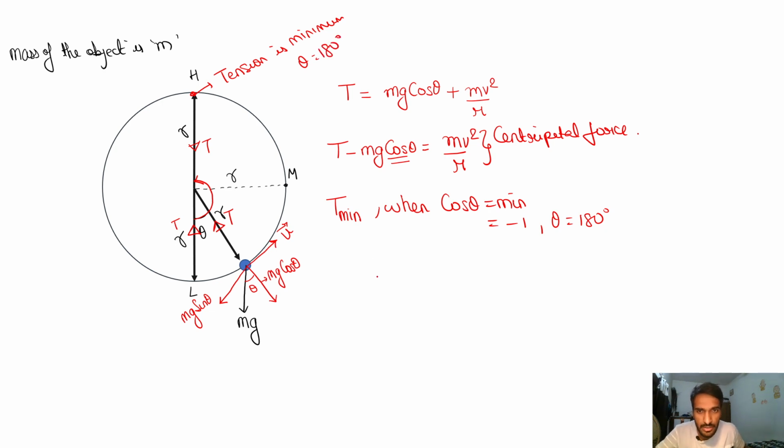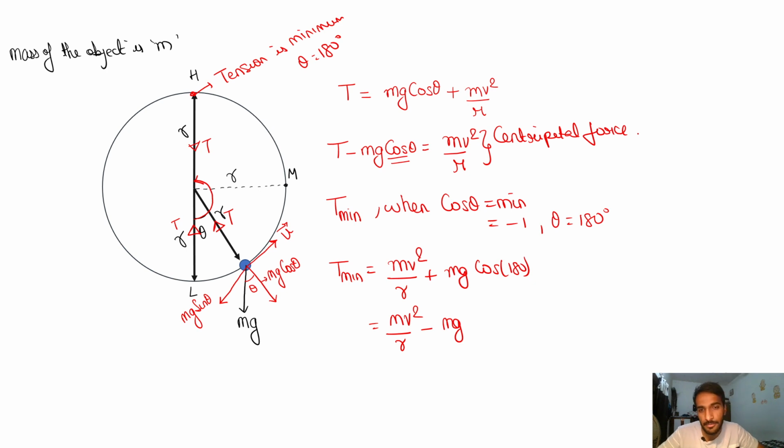If we substitute this value, we will get T minimum is equal to mv square upon r plus mg cos 180, that is equal to mv square upon r minus mg, because cos 180 is -1, right?